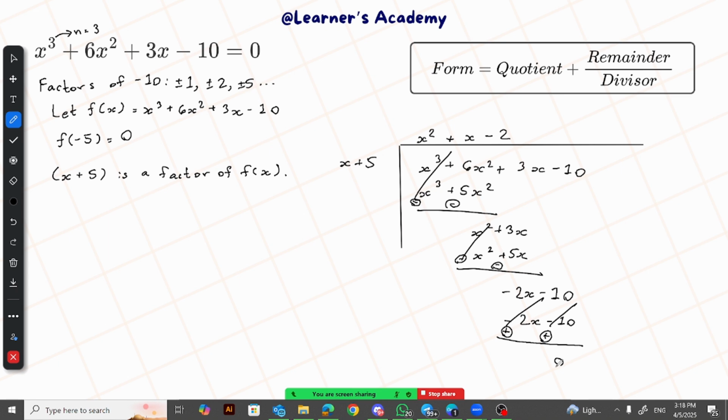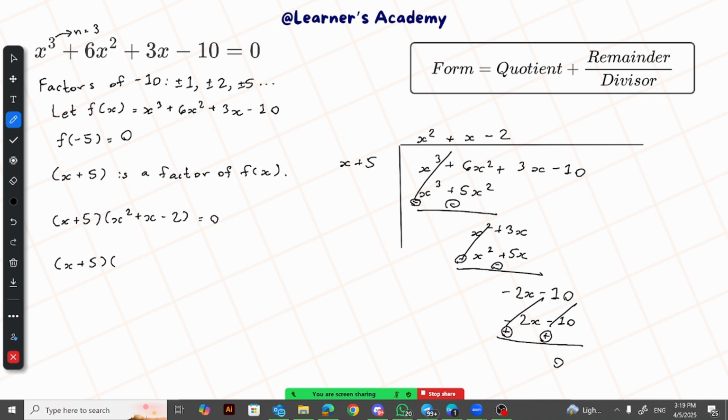Which results in 0. Okay, so from this we can conclude that x plus 5 times x squared plus x minus 2 equals f of x, or you can just write it as 0. And then using the cross method from earlier, we can factorize x squared plus x minus 2 into two smaller factors.